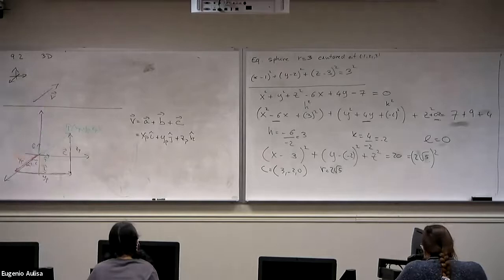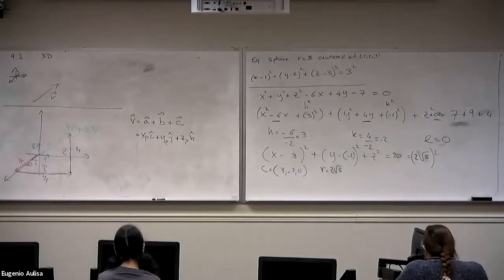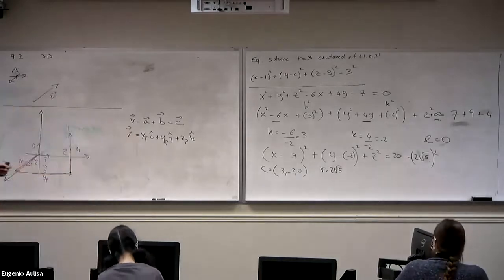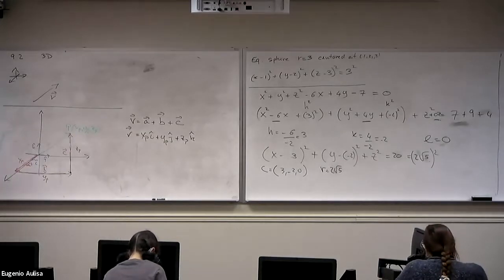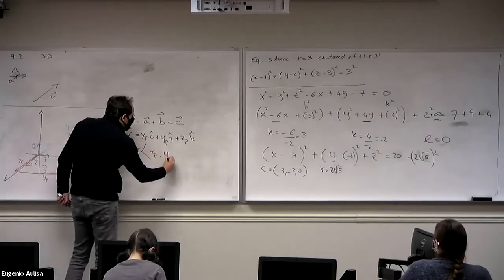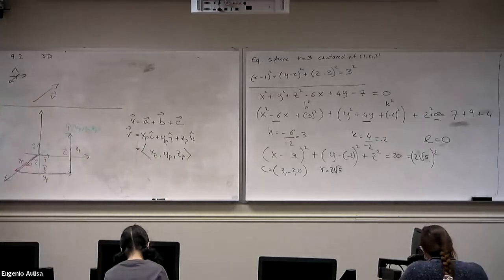Since these vectors i, j, k are all unit, we can write those exactly. So this is the algebraic representation of our vector V. We can use again the angle bracket notation, which is open angle bracket, xp comma yp comma zp, close angle bracket.